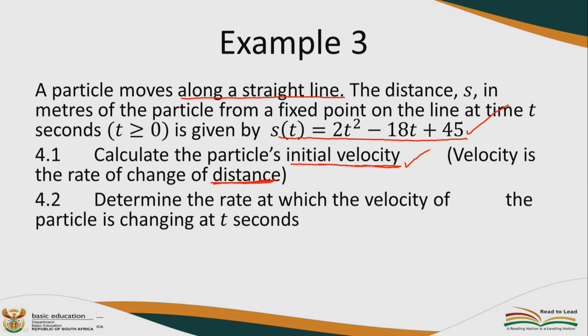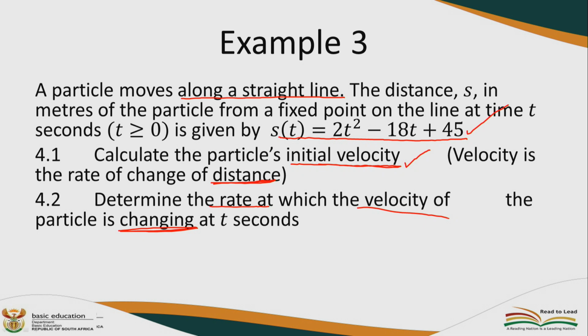The second question, they say we need to determine the rate at which the velocity of the particle is changing. The rate at which velocity is changing. Because we have rate there and then we have change in there, this basically means that we need to look for the derivative of velocity. Now, what is the derivative of velocity? The derivative of velocity is acceleration.